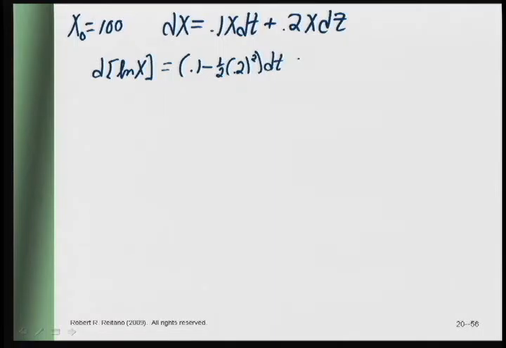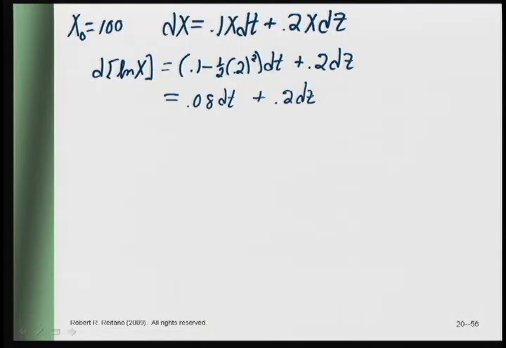And then we have the same 0.2 dz. So we have an adjustment to the alpha: alpha minus a half sigma squared. We have the same sigma, but of course we do not have an x. This is arithmetic Brownian motion, all numerical coefficients. And we end up here with 0.08 dt plus 0.2 dz.